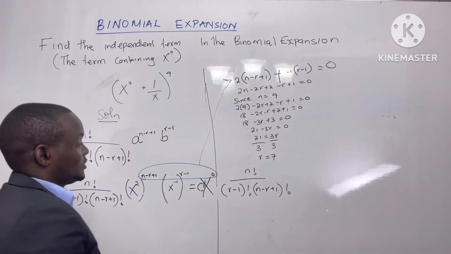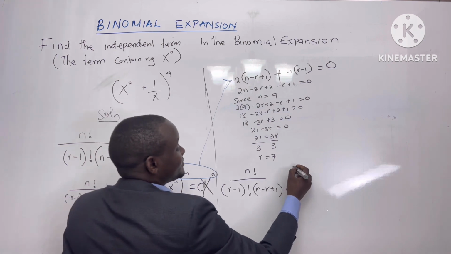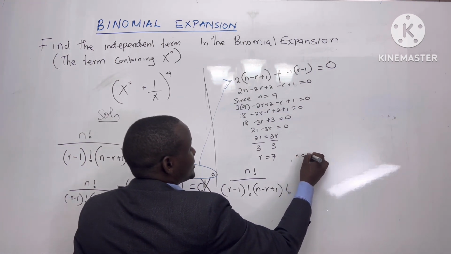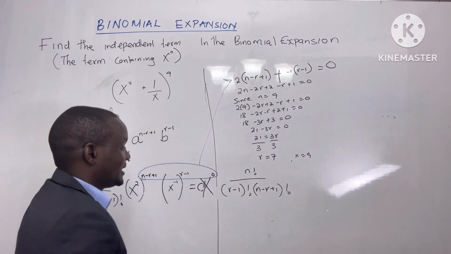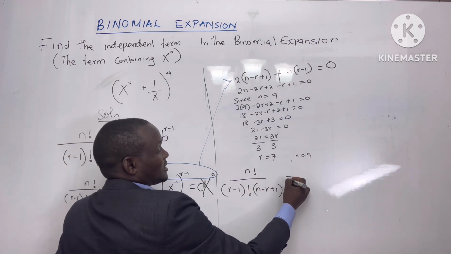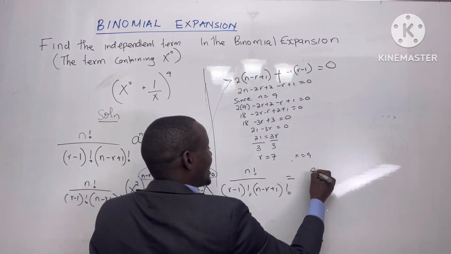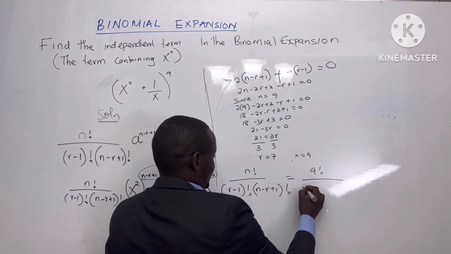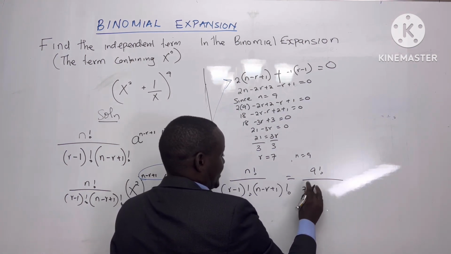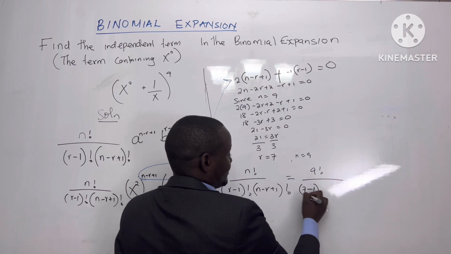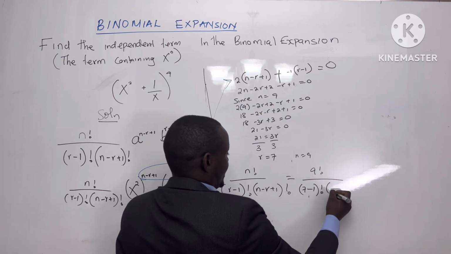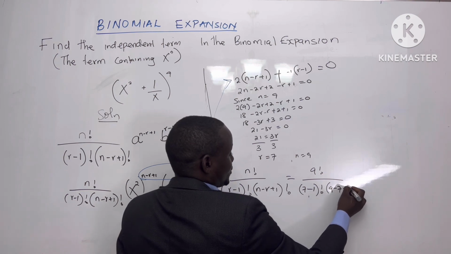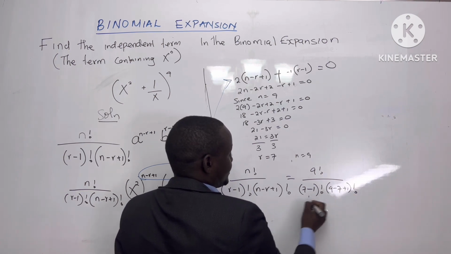We know n equals 9 and r equals 7. So now we can solve this. This implies that we shall have 9 factorial divided by 7 minus 1 factorial, then 9 minus 7 plus 1 factorial.